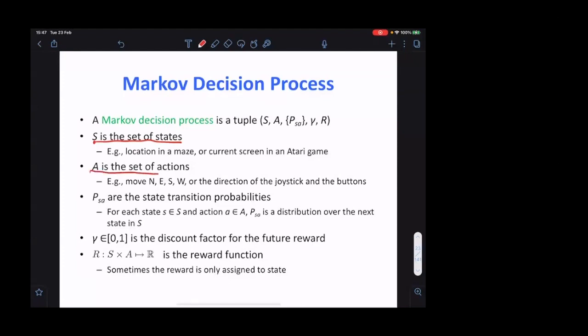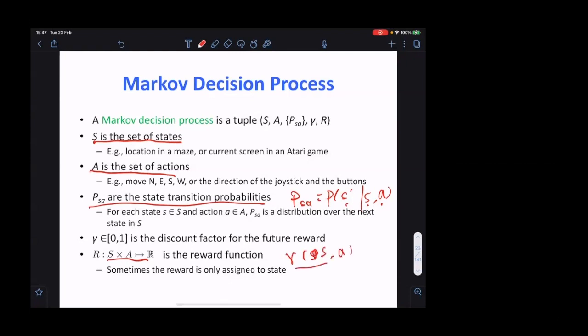Then you have a set of actions, and a transition probability as we defined, P(S' | S, A), the transition to the next state given the current state and action. Gamma is the discount factor, to discount the future reward as we've seen in the repeated game.